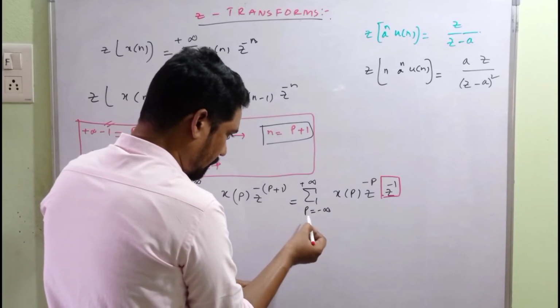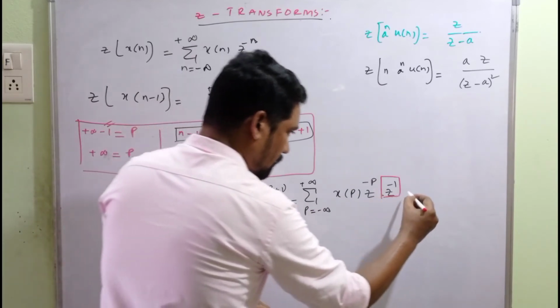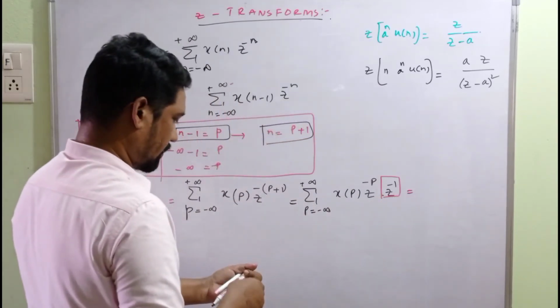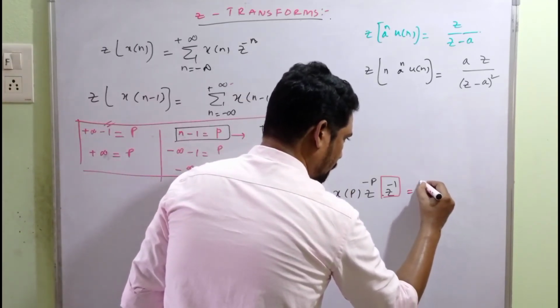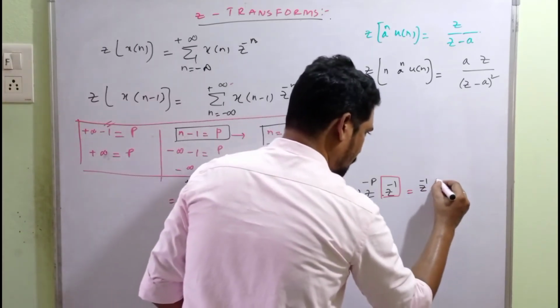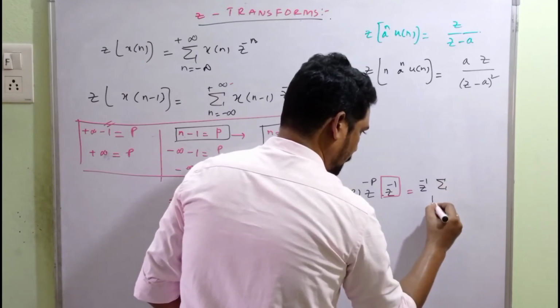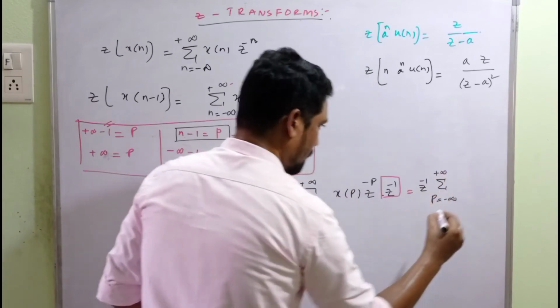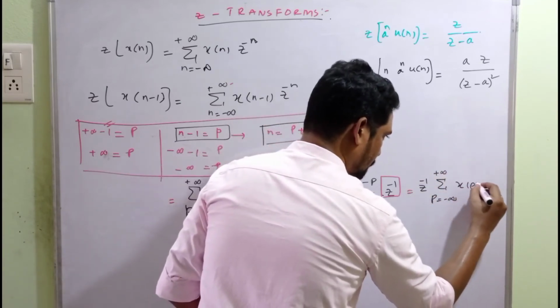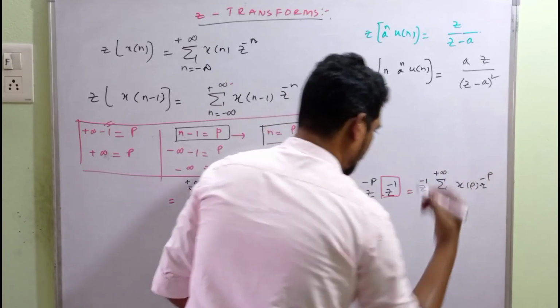The summation is for p and we don't have p in this term, so it can be taken out of the summation. This is z raised to minus 1, and the summation p equal to minus infinity to plus infinity, x of p z raised to minus p.